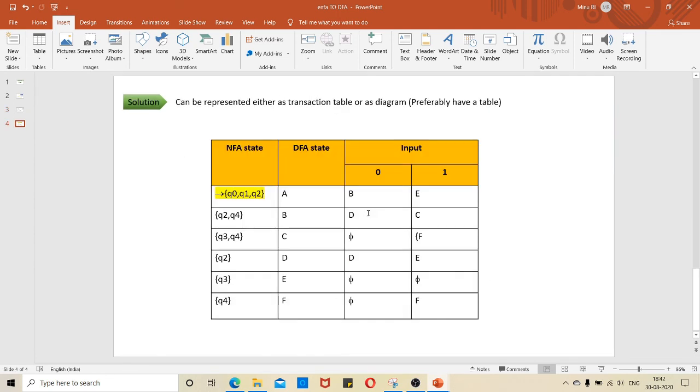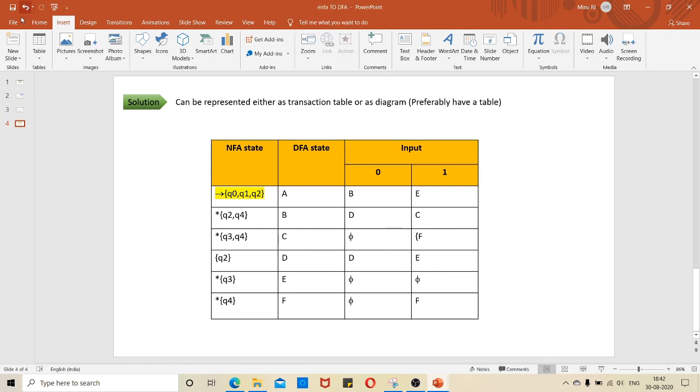Wherever Q3, Q4 come, make it a final state. So this is one of my final states, this is also one, and this is also one.